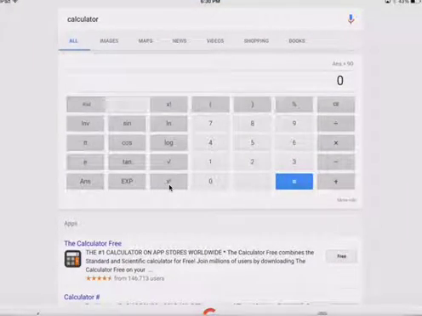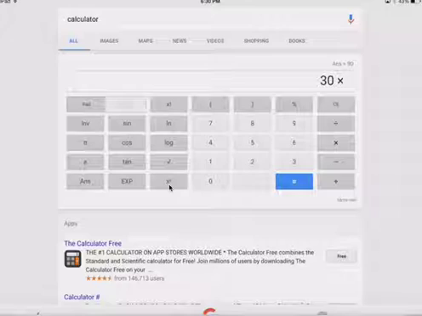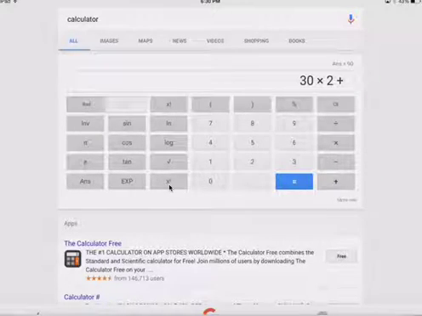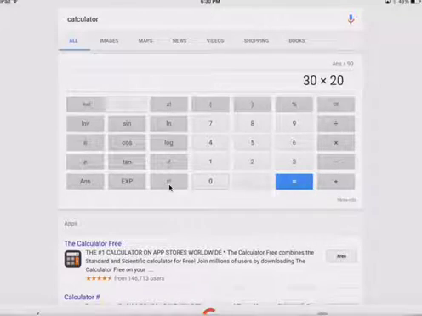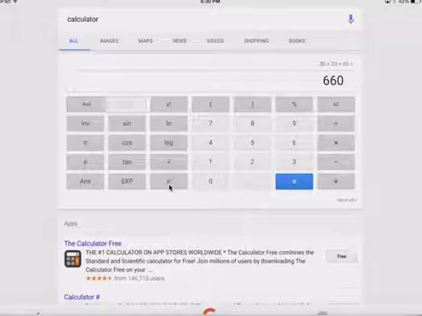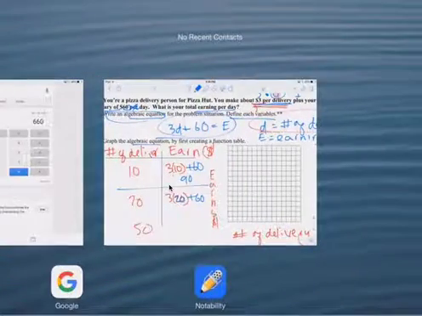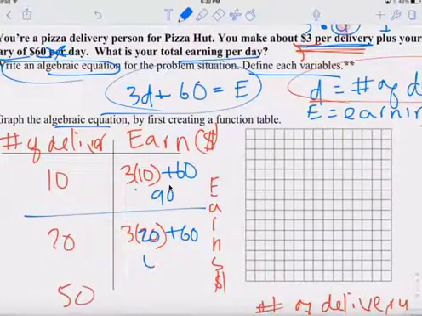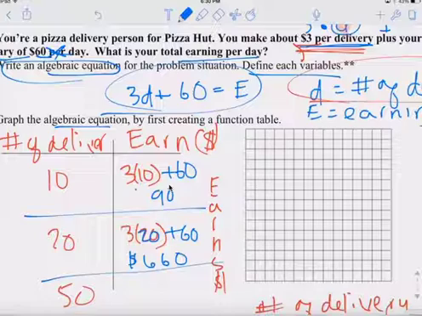Okay, so 30 times 20 plus the $60 in delivery fee. I mean, in every day for showing up for work. The 20 is the delivery. So $660. Okay, and that's how you do that.